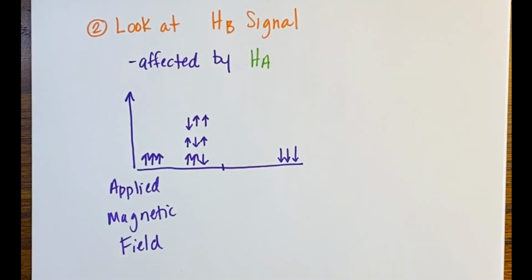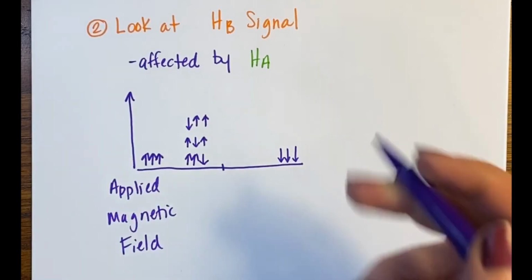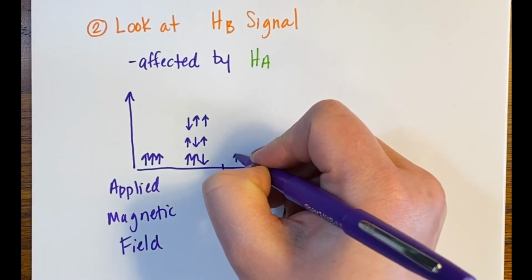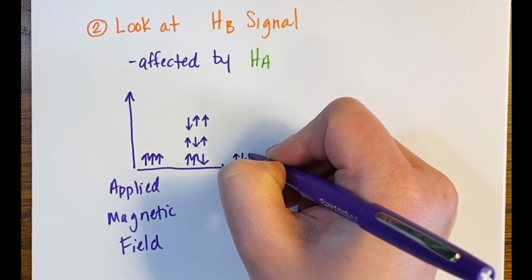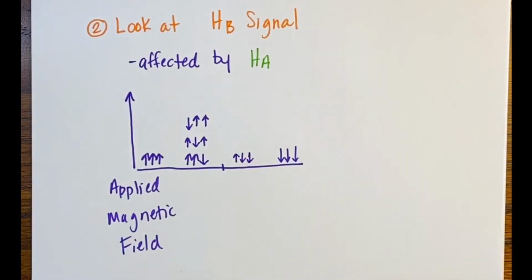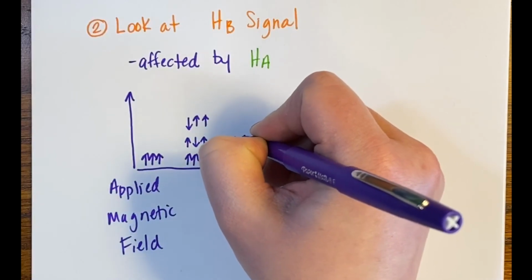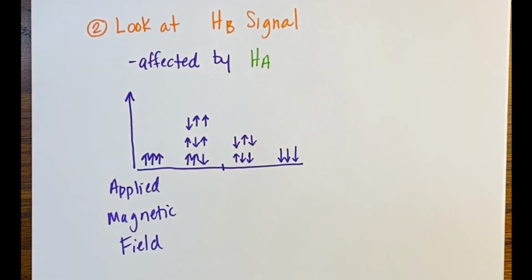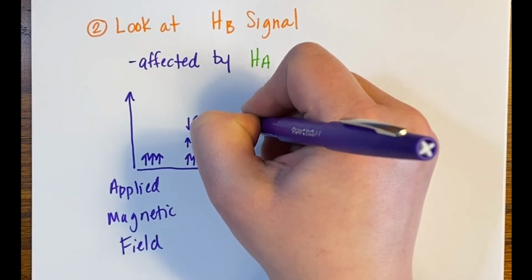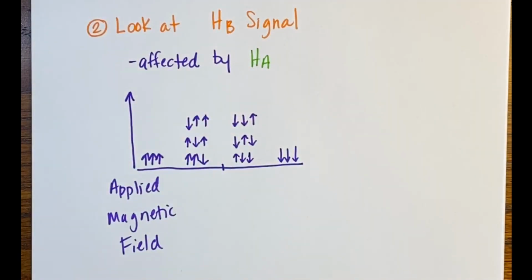And along the same lines, we could have two that oppose and one that enhances. So now we're going to have up, down, down as our first combination. Then we're going to have down, up, down, or down, down, up.